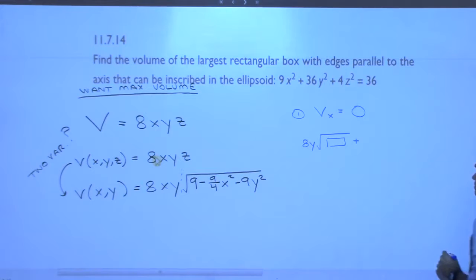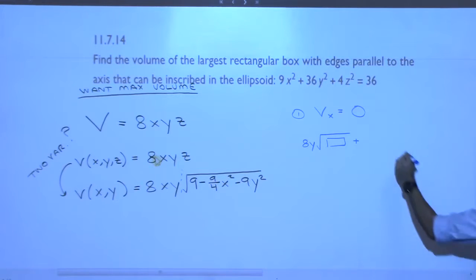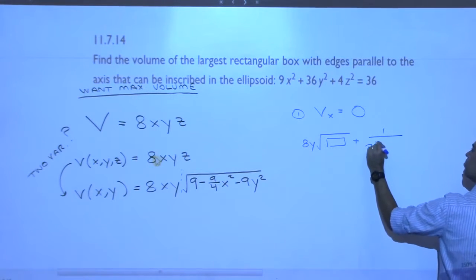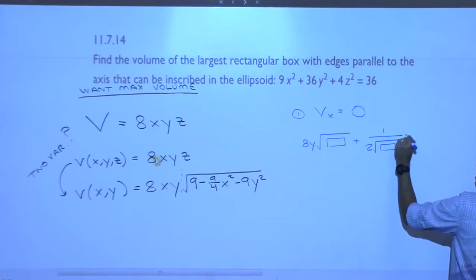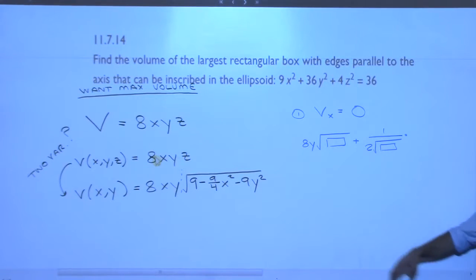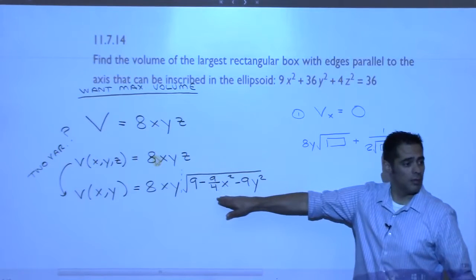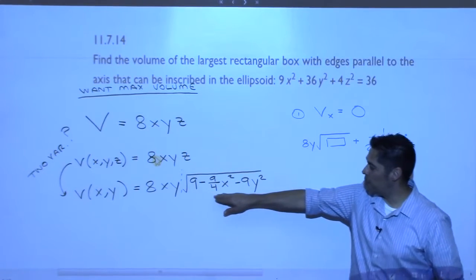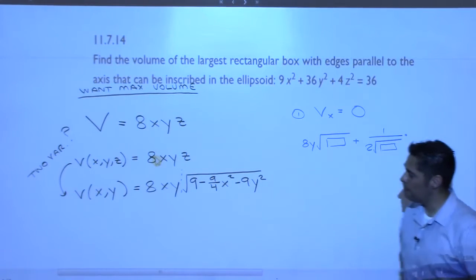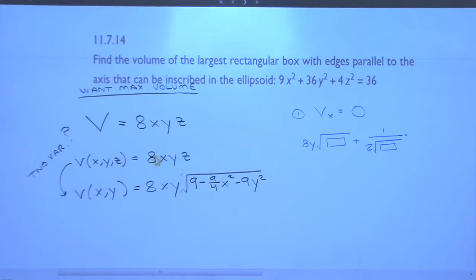Plus, what's the derivative of the square root of a bunch of junk? 1 over 2 square roots of all that junk, times the derivative of what's inside with respect to x. What's the derivative of what's inside with respect to x? Negative 9 halves x. But then, times, finish your product rule off, 8xy.